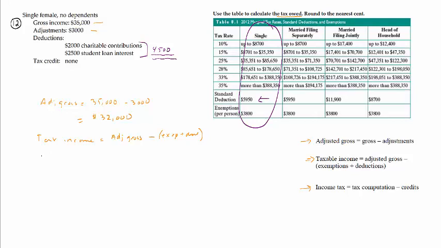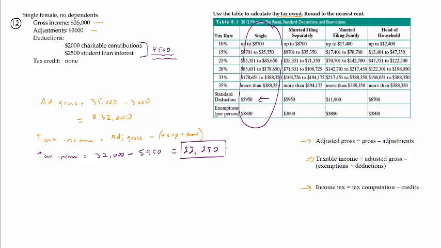So I'm going to go ahead and take my taxable income then. It is going to be my adjusted gross, so that's $32,000, and then minus my deduction of $5,950. And this is going to give me a total of $22,250. Okay, so that's the amount I'm going to be working with.